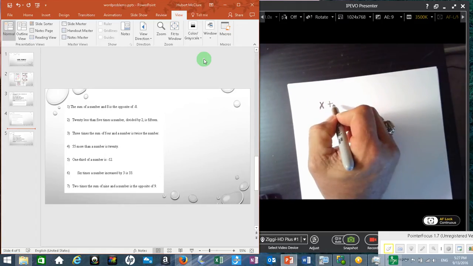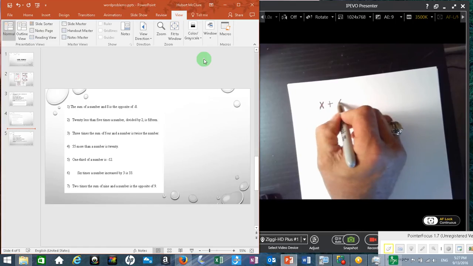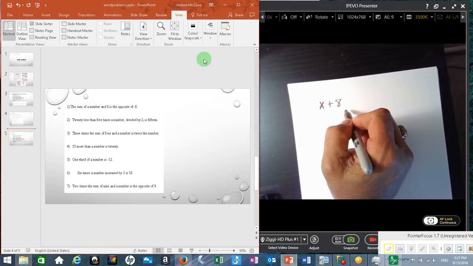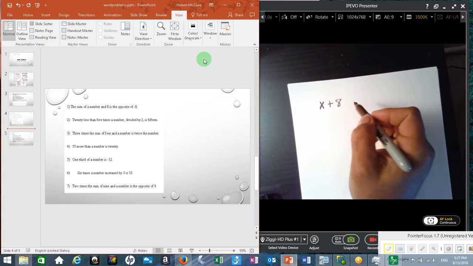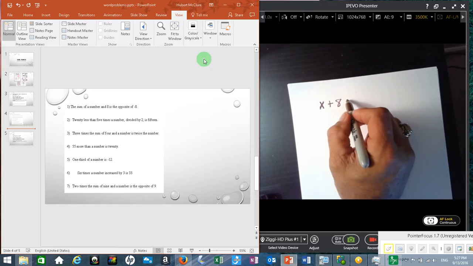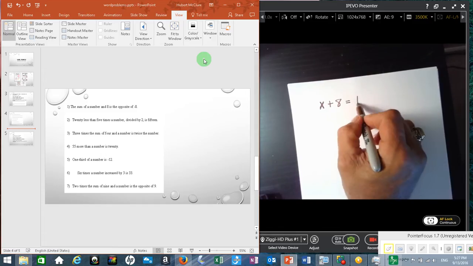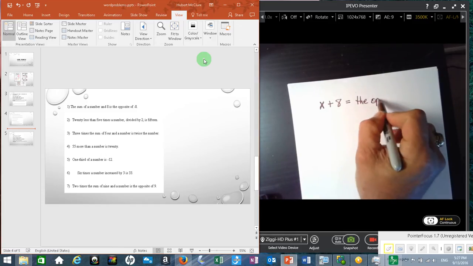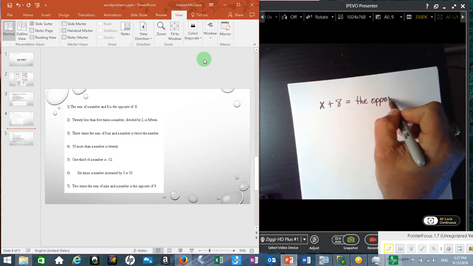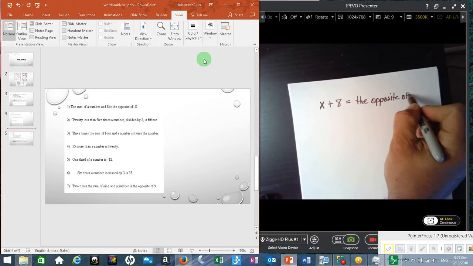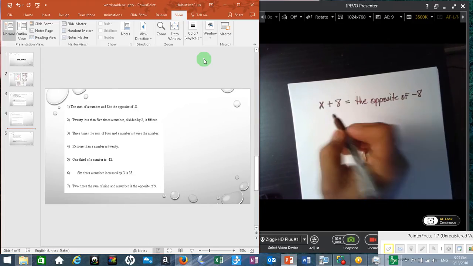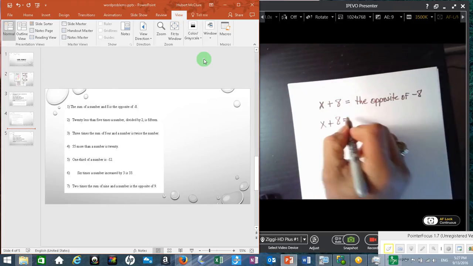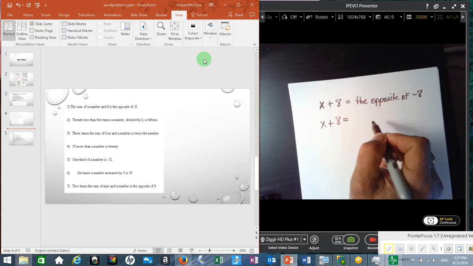The sum of a number and 8 is the opposite of negative 8. So x plus 8 is equal to, what's the opposite of negative 8? Positive 8.